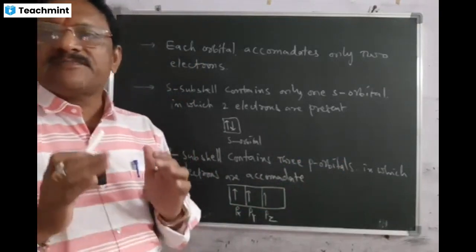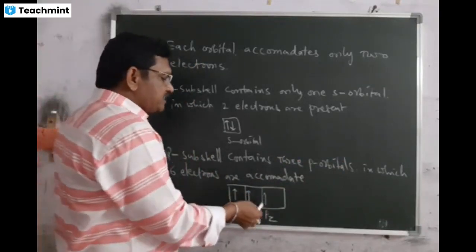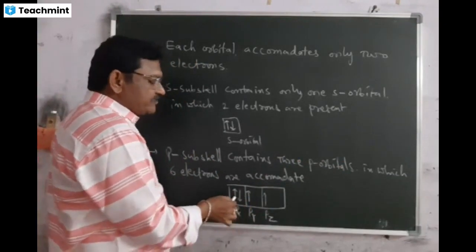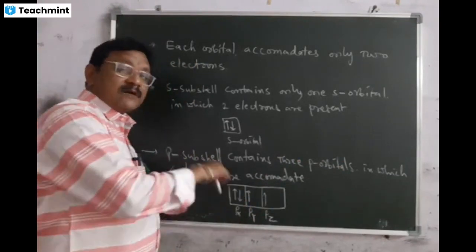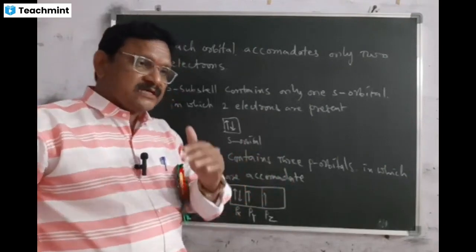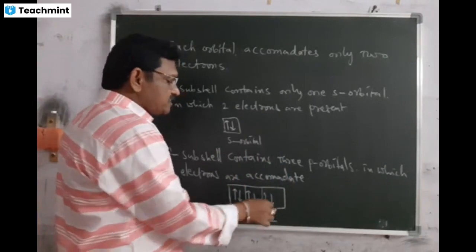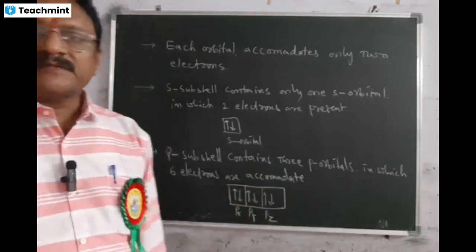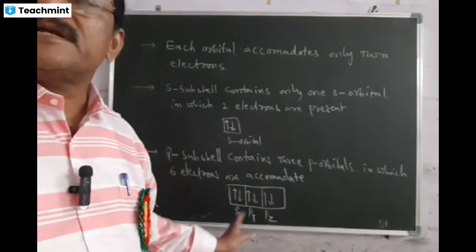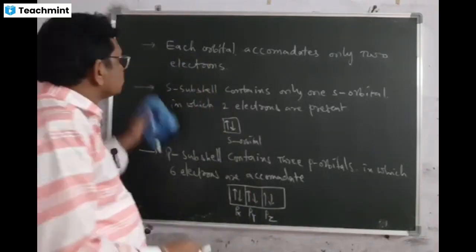Before pairing, the first electrons are placed singly, and then paired with opposite spin. This you will understand in higher classes. So this is the arrangement of electrons in the p orbitals of the p subshell.